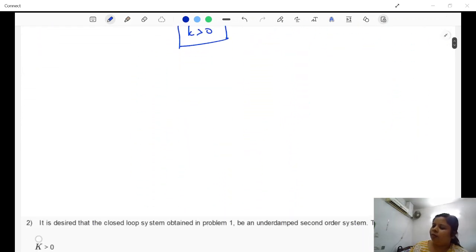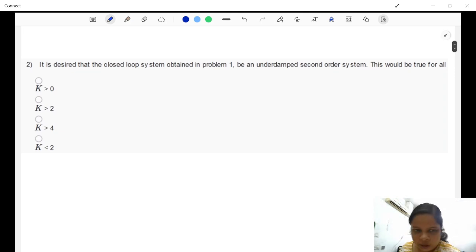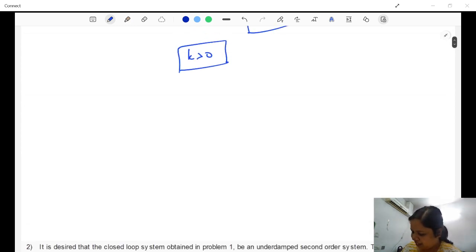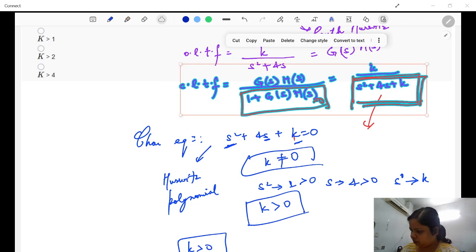Okay. We'll move to the next question. From the first question only, it is desired that the closed loop system obtained in problem 1 be an underdamped second order system. That is why I also wrote this closed loop system. We will be using this again and again. This was your closed loop system.